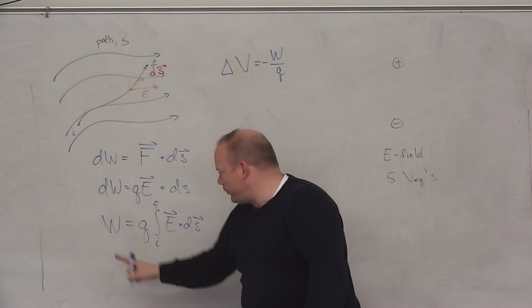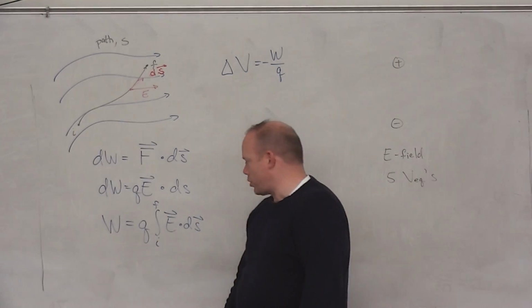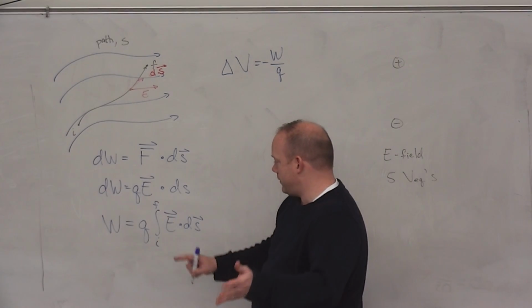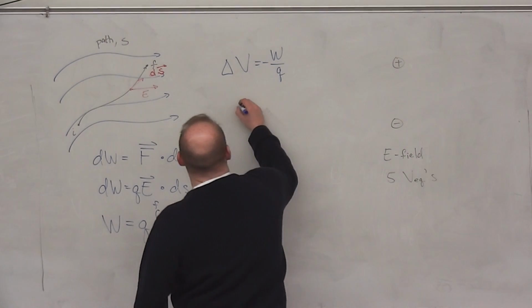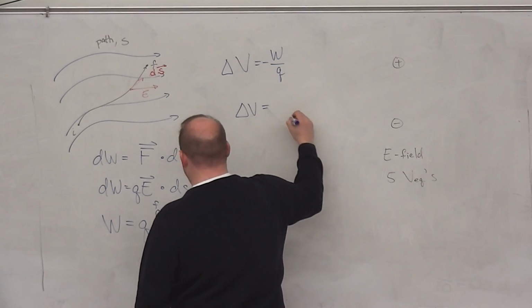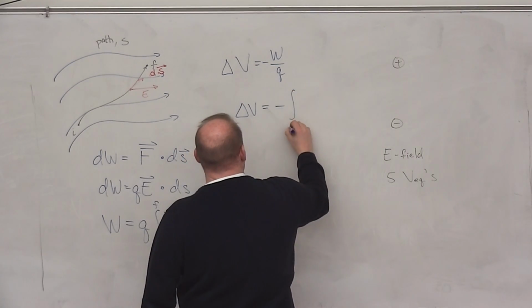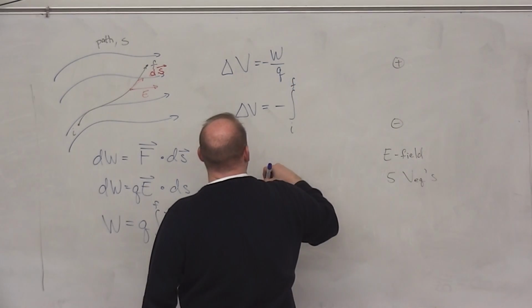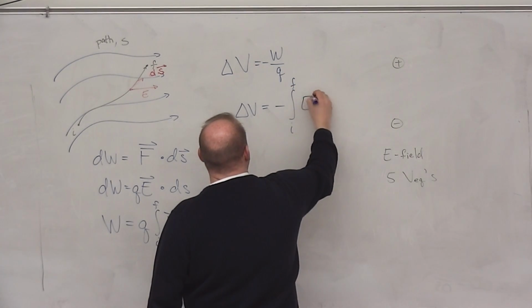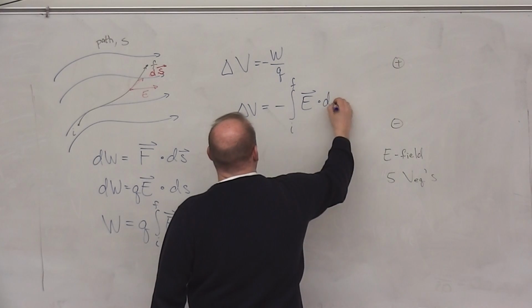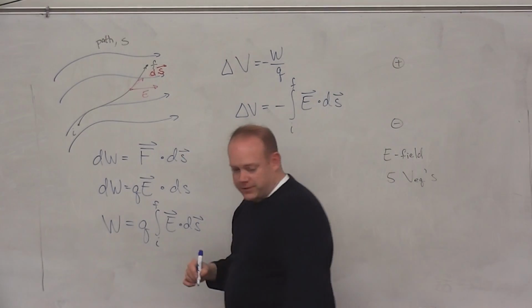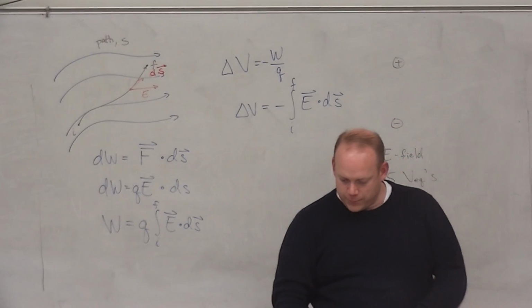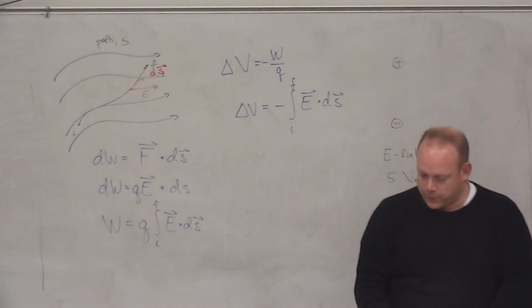So if I divide both sides by Q, I get work divided by charge, which is potential, with the negative. So my delta V here will equal negative the integral from my starting location to my final location of E dot ds. And that's a big one. That will be helpful for us.